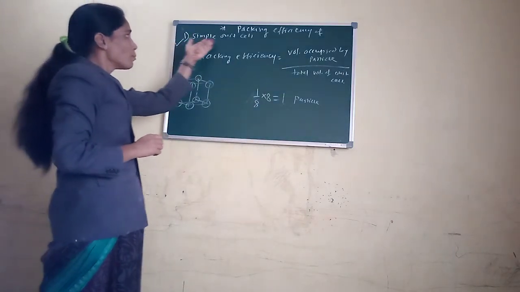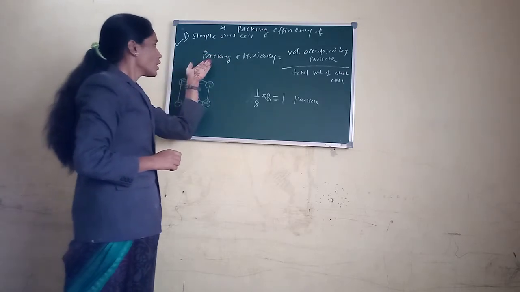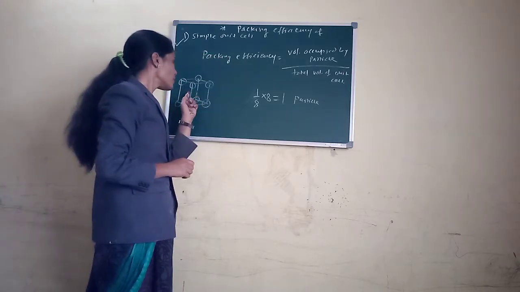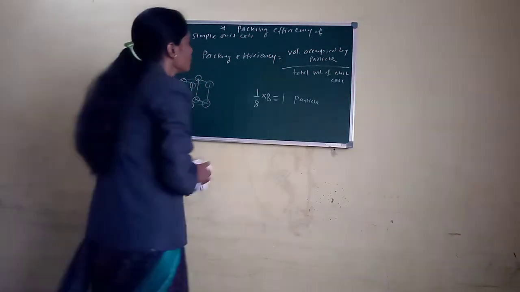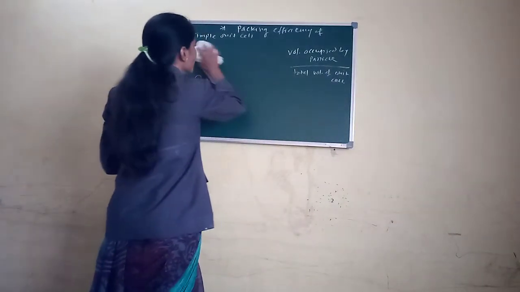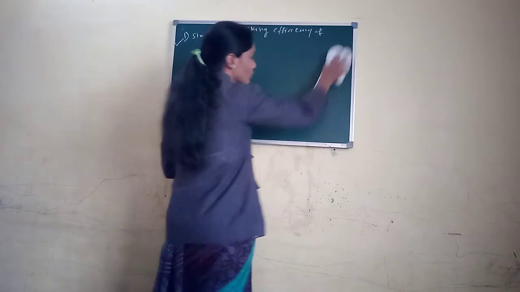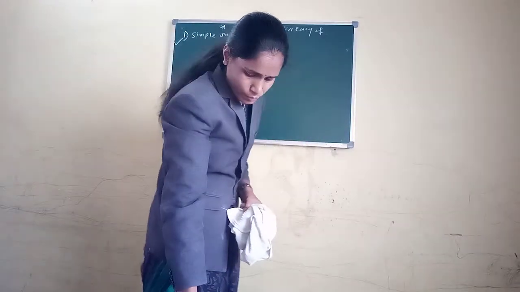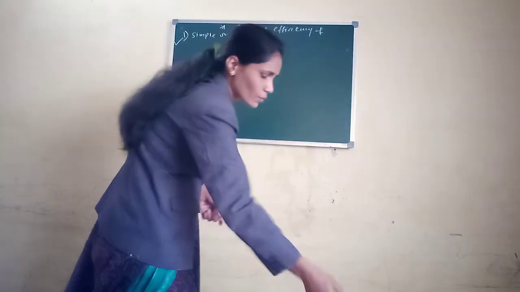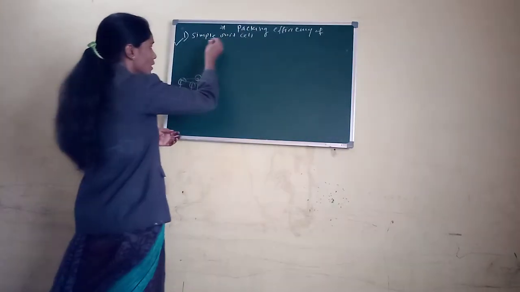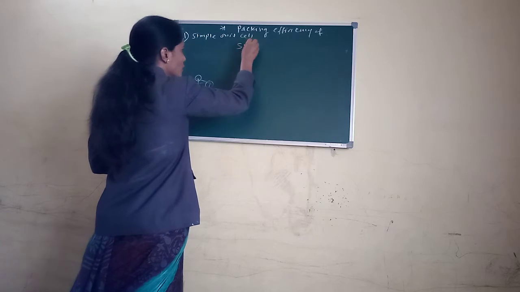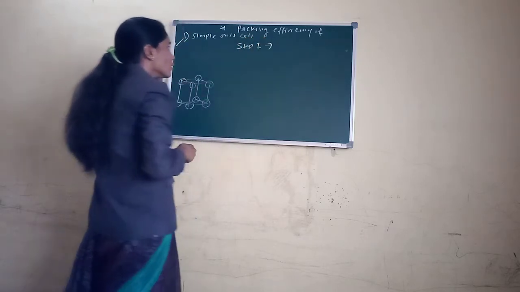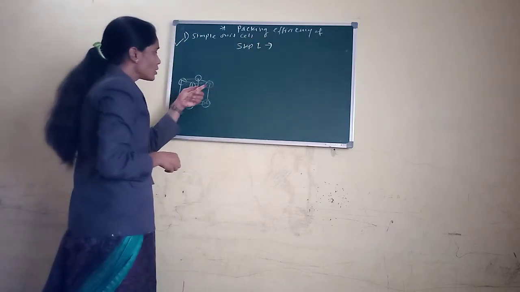Here we calculate the packing efficiency of the simple unit cell. It can be calculated by first finding the radius of these spheres.